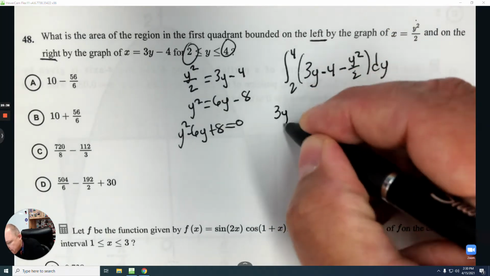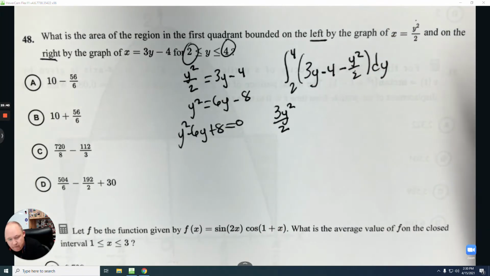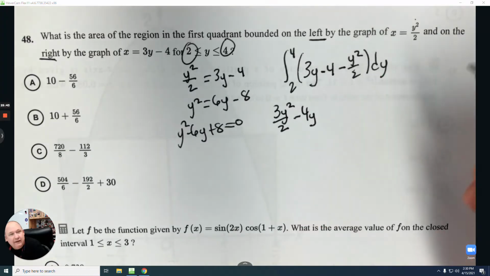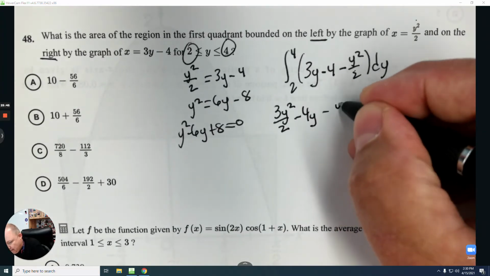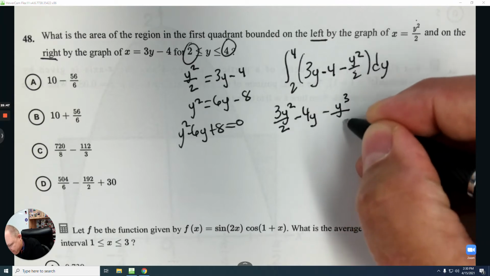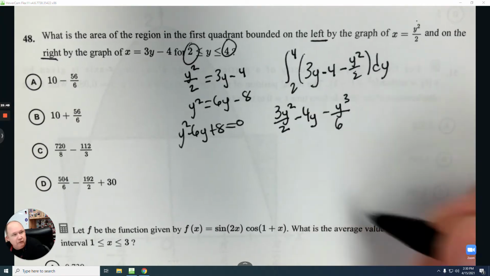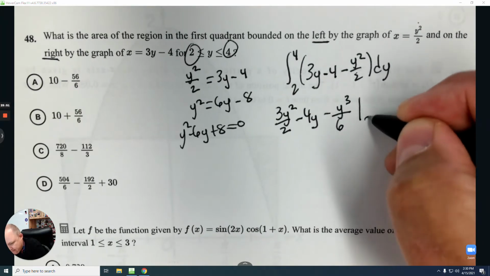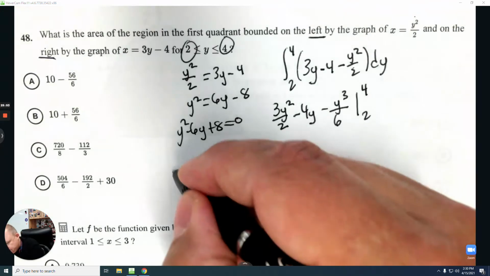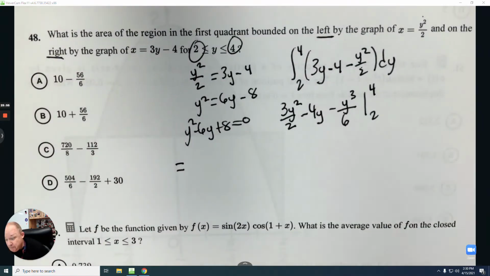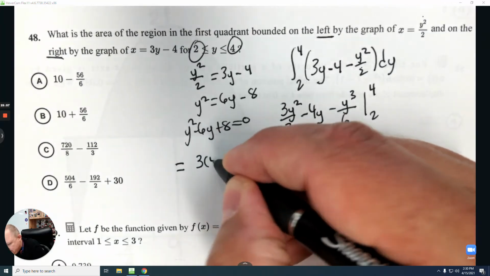So 3y would be 3y squared divided by 2. Negative 4 would be negative 4y. And then y squared would be y cubed, when you divide by 3, 2 times 3 is 6. And I'm integrating from 2 to 4. Now, without a calculator, this might be a challenge, but I want to see if you can meet the challenge.